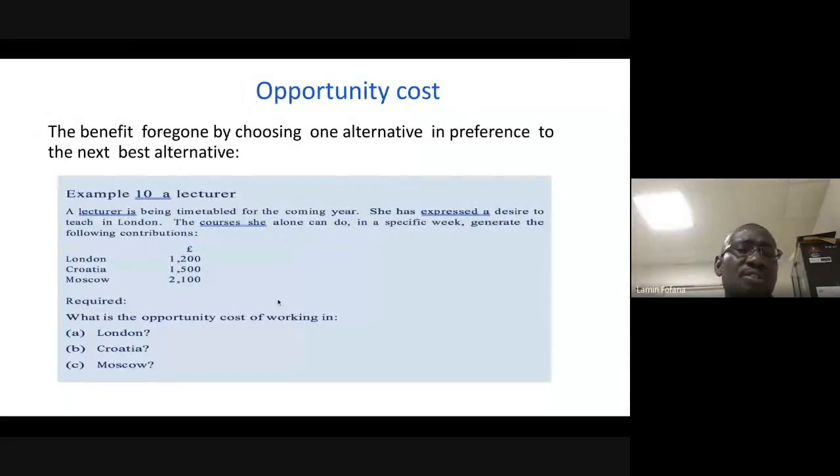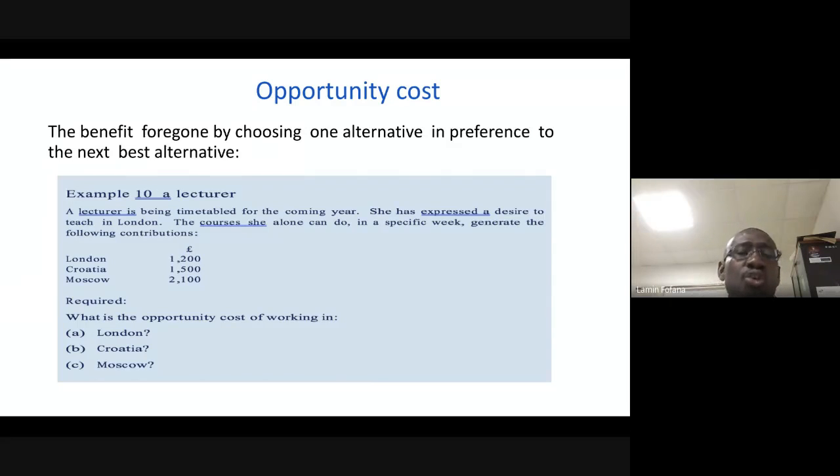The opportunity cost for her lecturing in London is not only the benefit, all the benefits, but the next best alternative. So if she lectures in London, she's going to earn £1,200, and she's going to forego the income she's going to earn in Croatia, and she's going to forego the income she's going to earn in Moscow.